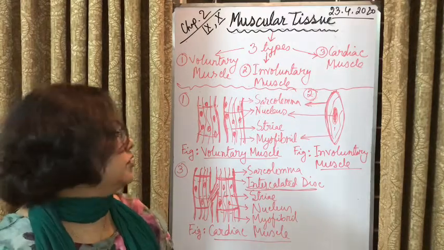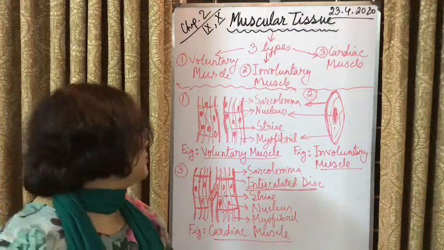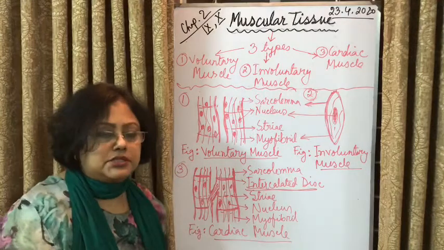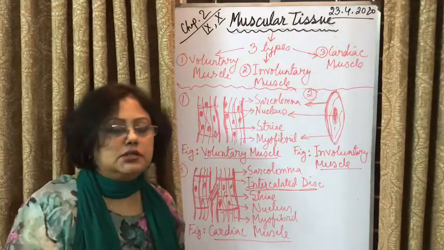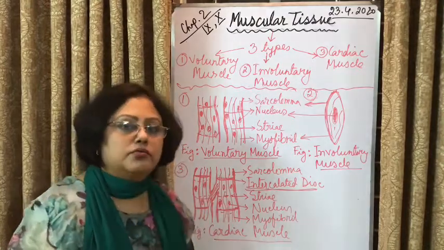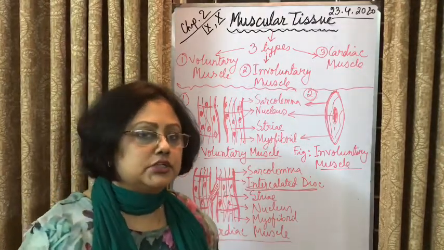Now come to the point where they are present. Voluntary muscles are present in our hands, legs, abdomen and facial tissues, which can move on our own will, and that helps in the movement of the body.